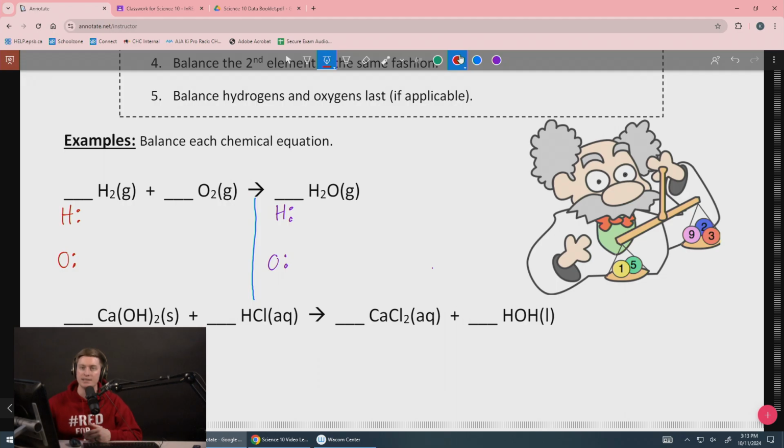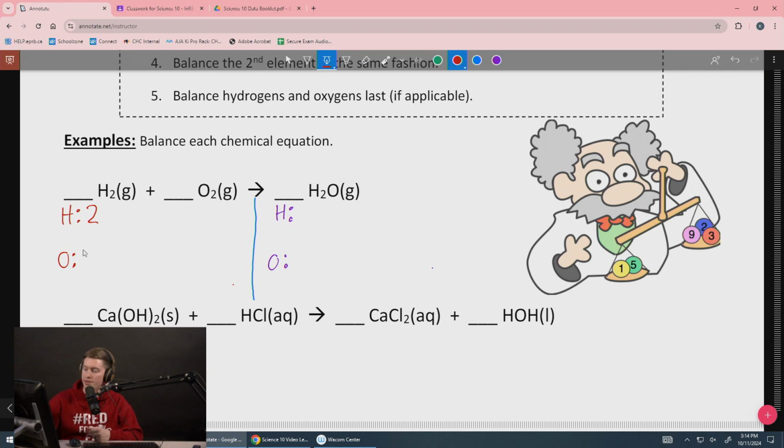Then I write how many of those atoms I have within the compounds, molecules, or elements that I start with. I start with 2 hydrogens on my reactant side because this hydrogen molecule has a subscript of 2.